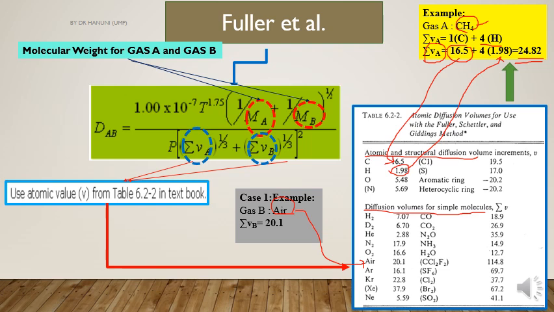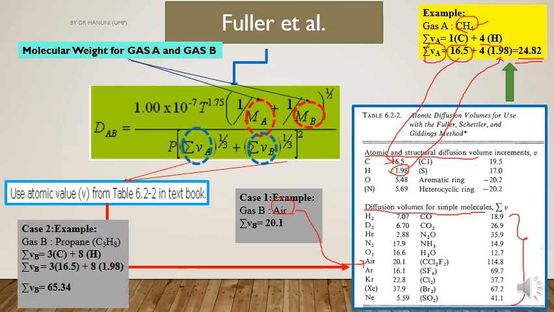Now let's say the gas B is not part of the components or molecules listed in here. For example, in case 2, we have gas B, which in this case is propane, with the formula C3H8. So how can we determine the VB?